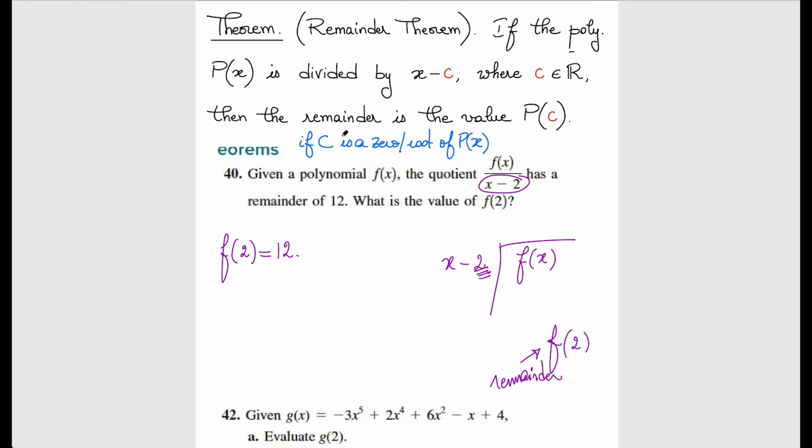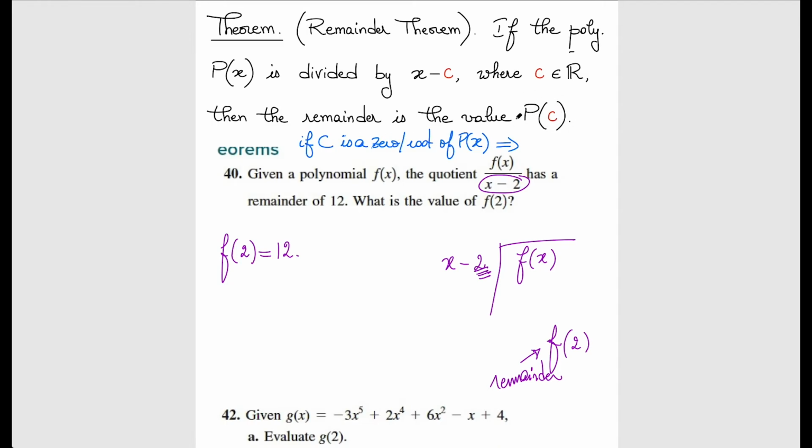If c is a 0 of p of x, what can you conclude when you divide by x minus c? You conclude that the remainder must be 0, right? One more time. If c is a 0 of p of x, which means p of c is 0, right? This is what this means. P of c is 0.